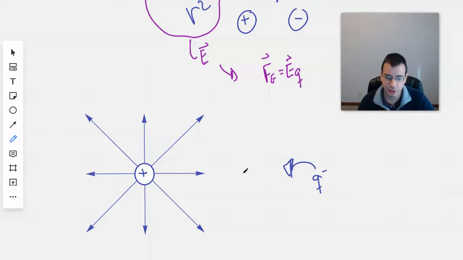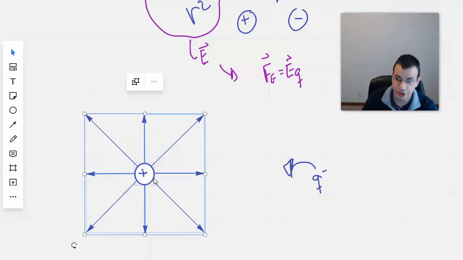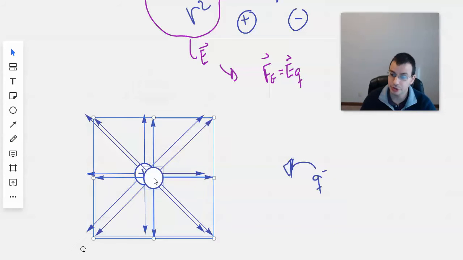The value of this is that we can make complex arrangements. So far we've only dealt with point charges for Coulomb's law, and we have superimposed them with other point charges.